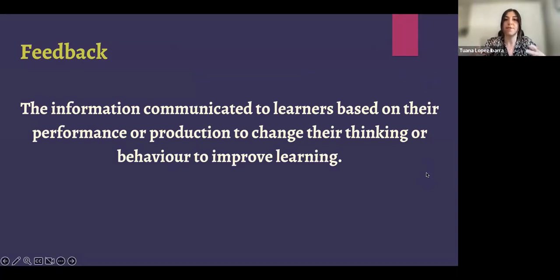It is about their performance or production, either in speaking or writing or reading, listening, whatever the skill is. It is the information that we give them, to change, if there's a need to change. If change is needed, then it is the information to change their thinking or their behavior for their improvement, for their development, as you mentioned as well.